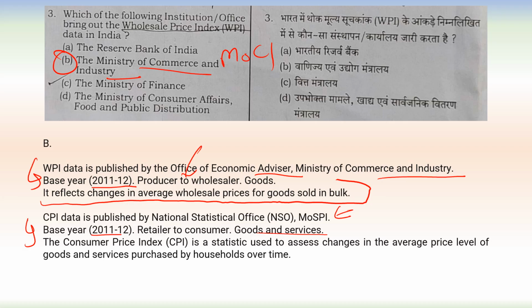The CPI is a statistic used to assess changes in the average price level of goods and services purchased by households over time. So this is the difference between WPI and CPI.